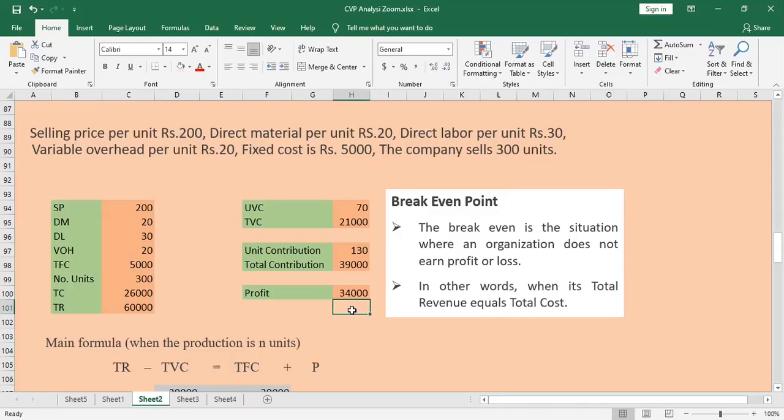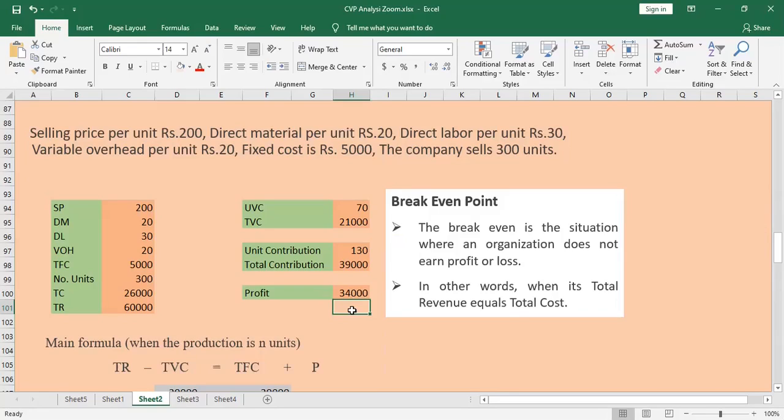So still we have not discussed this break even part, so let me go into that. Now we all know break even situation is actually where the organization does not earn any profit or experience any loss, that is profit is zero, right?